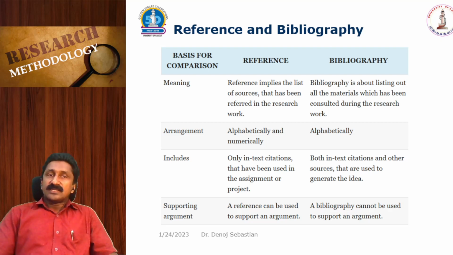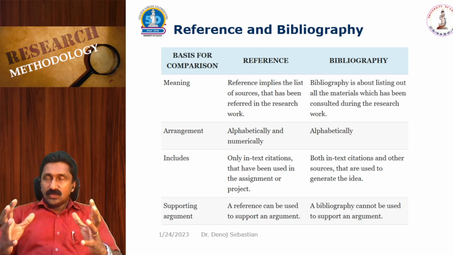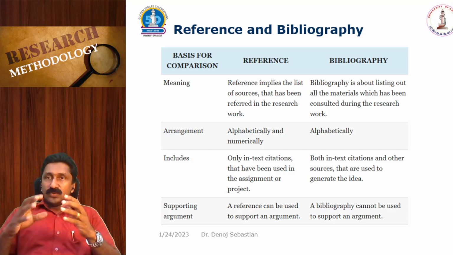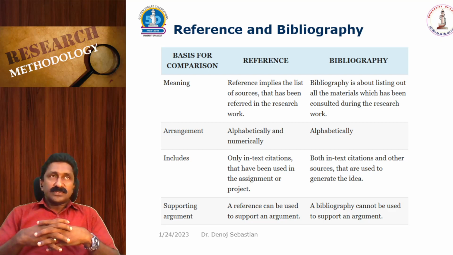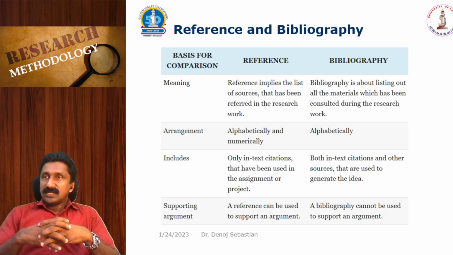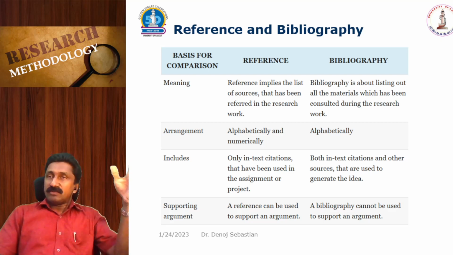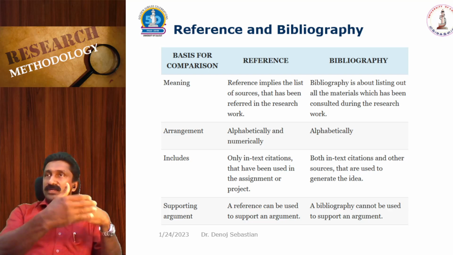And the next one is a supporting argument, where a reference can be used to support an argument. For example, if you got some results in your research work, in the results you will mention that, and state that this is our observation, this supports our original hypothesis, and previously similar observations were made by Thomas et al. or others.